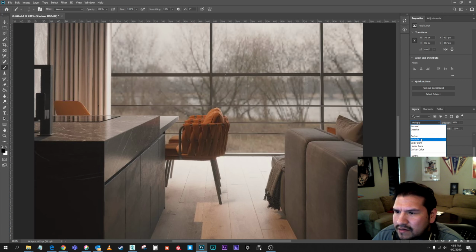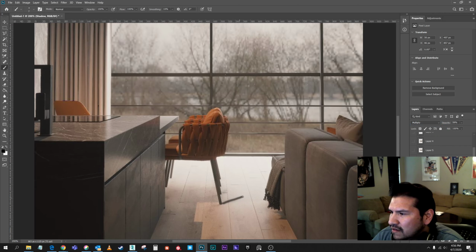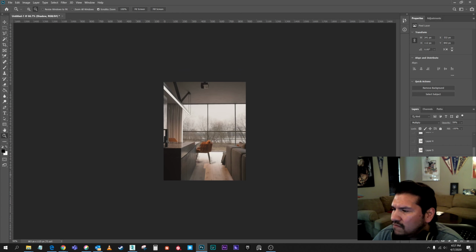So let me put this back on multiply, and I'm just going to overdo it. But he would get some more darkening here, some of this would darken here. And again, just giving that a little more finesse.